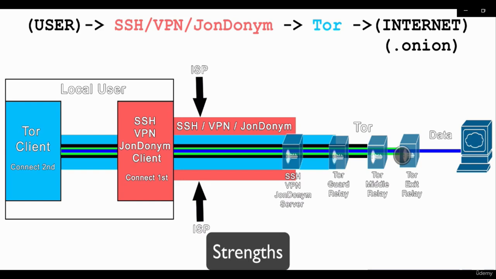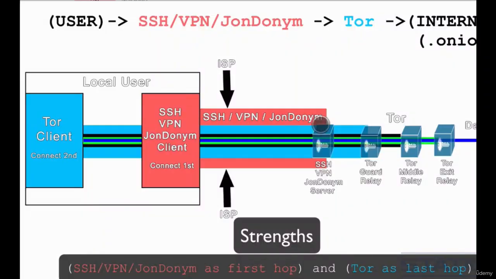The SSH VPN John Doe server creates an extra layer for the incoming attack. Then the layer goes next to the Tor guard relay and Tor middle relay, and finally the layer is stopped by the Tor exit relay.